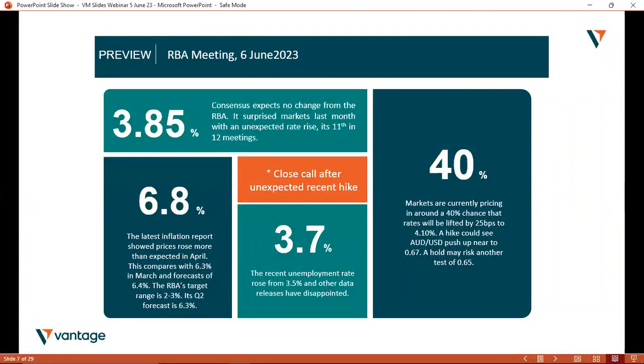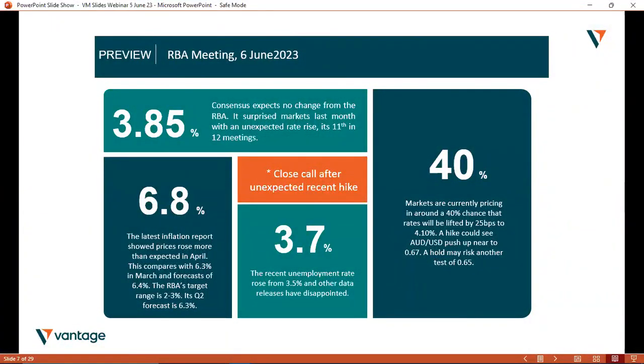That was then, but now, as you can see from this 6.8% figure, that fall in inflation has reversed. We've had a monthly figure of 6.8% in April from 6.3% previously and 6.4% expected.